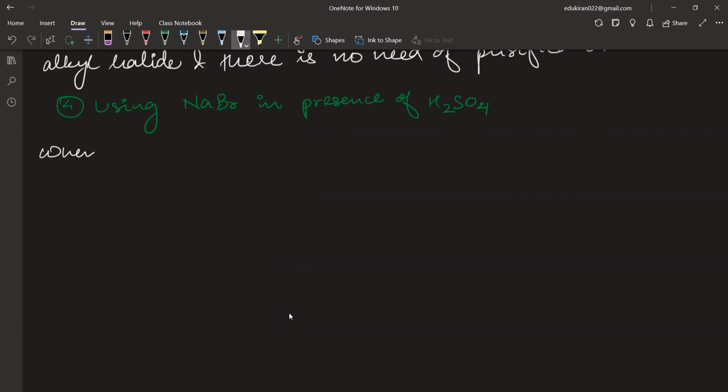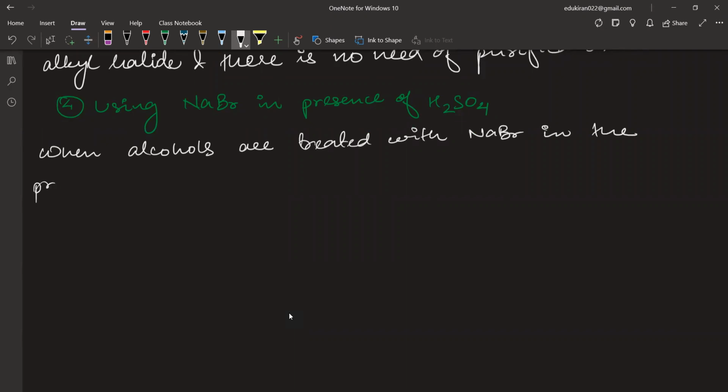When alcohols are treated with NaBr in the presence of H2SO4, HBr is formed in situ. In situ means that HBr forms during the reaction.